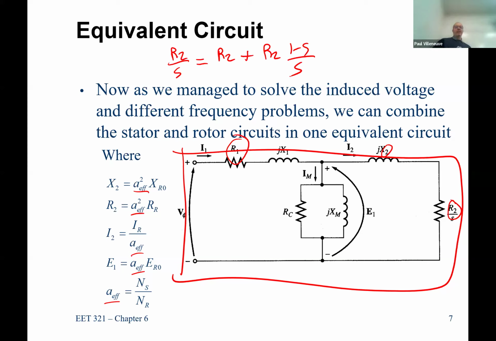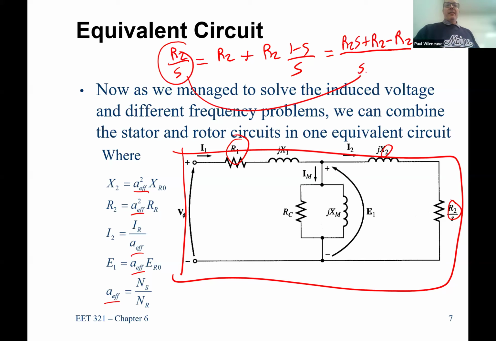Can you do the algebra? Let's put all this back under a common denominator. So if I put everything back under a common denominator, this is R2 times S plus R2 minus R2 over S. Isn't that the same when you're doing your math?